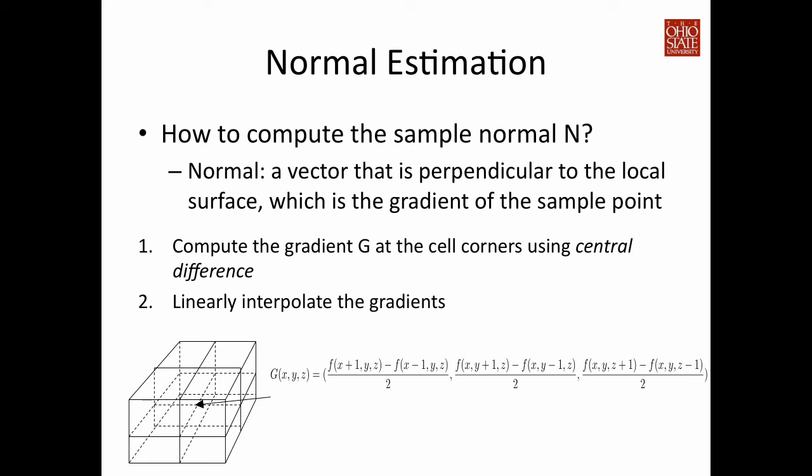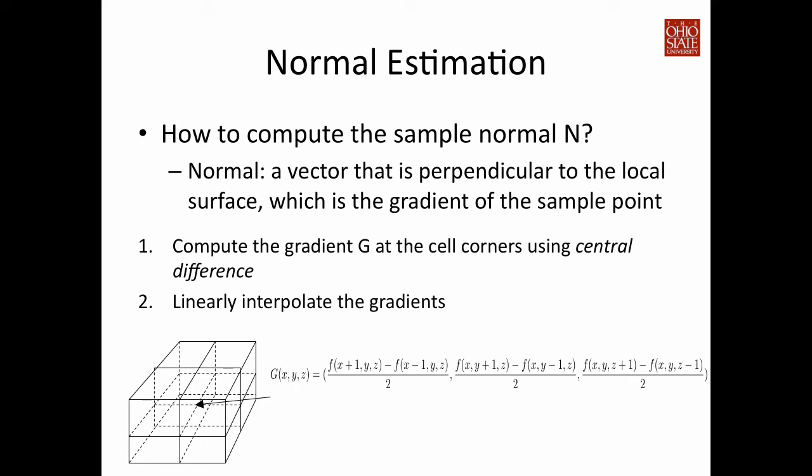So given a point in the volumetric space, say xyz, how do you calculate the gradient g? There are many ways to perform this numerical gradient calculation, but one popular method people use is called central difference.